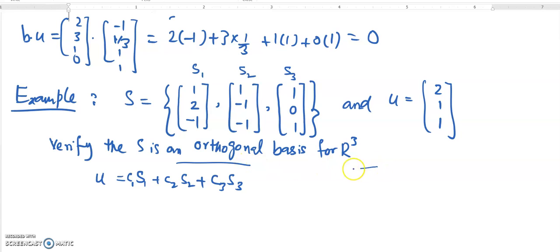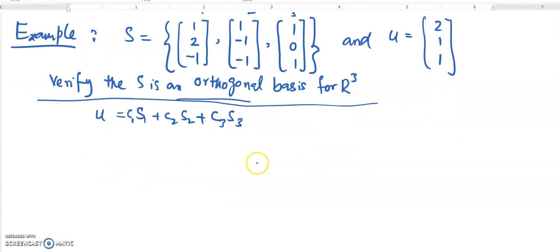So we need to find the values of C1, C2 and C3.